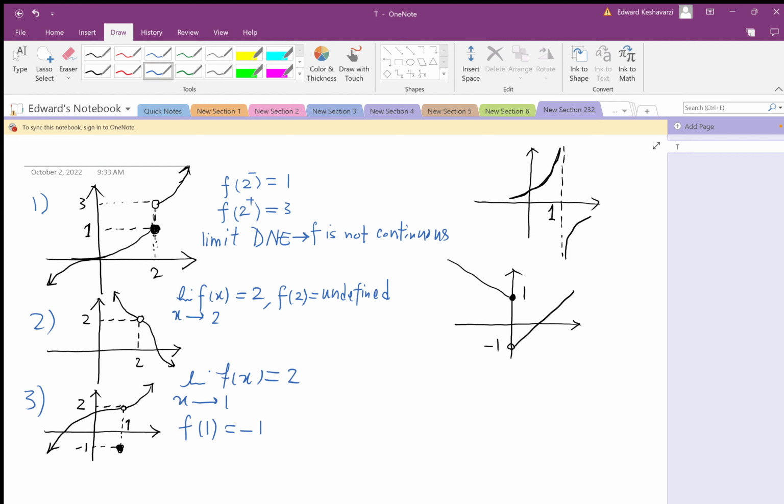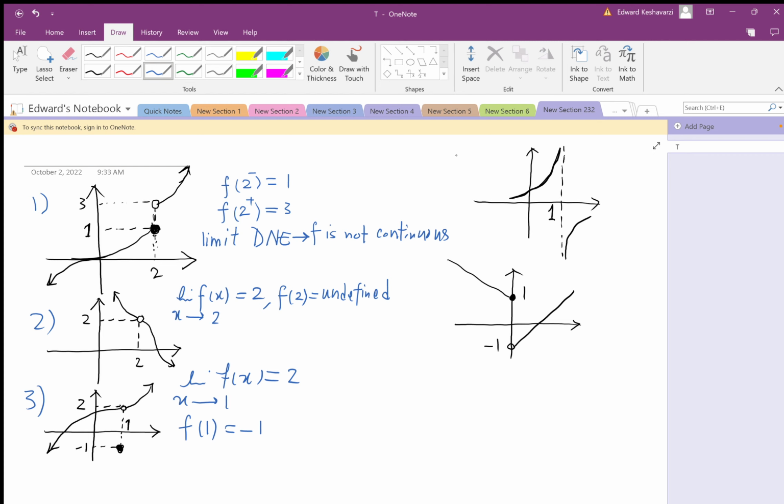So even though limit does exist and y value also is defined, but since they are not equal, function is discontinuous. So in graphs 2 and 3, it is as if you removed one point of your graph.